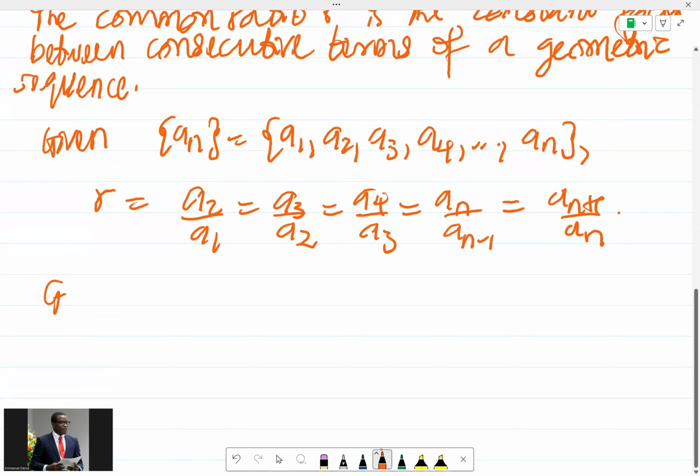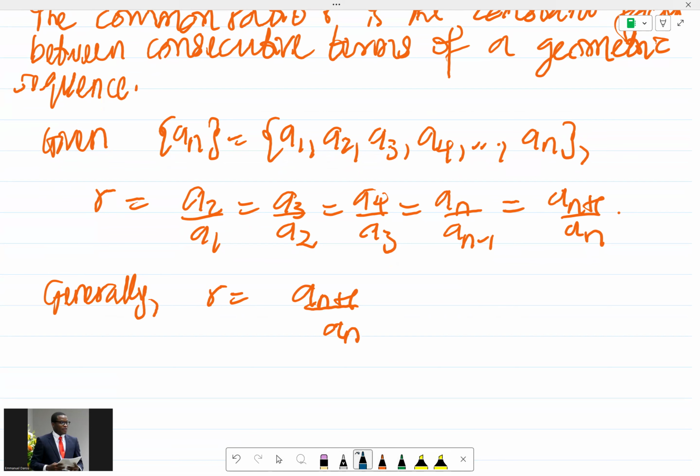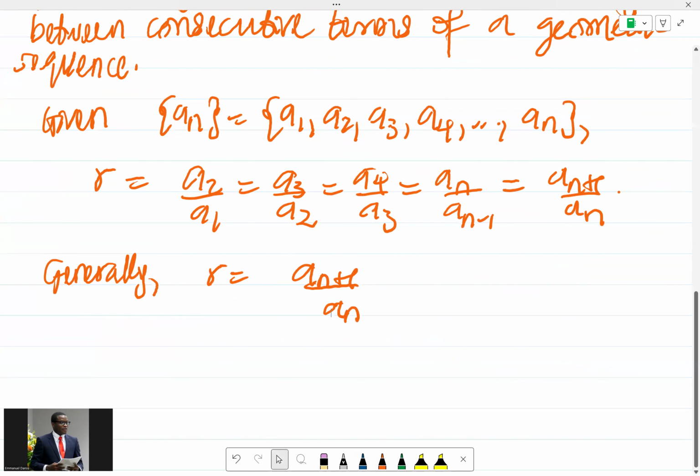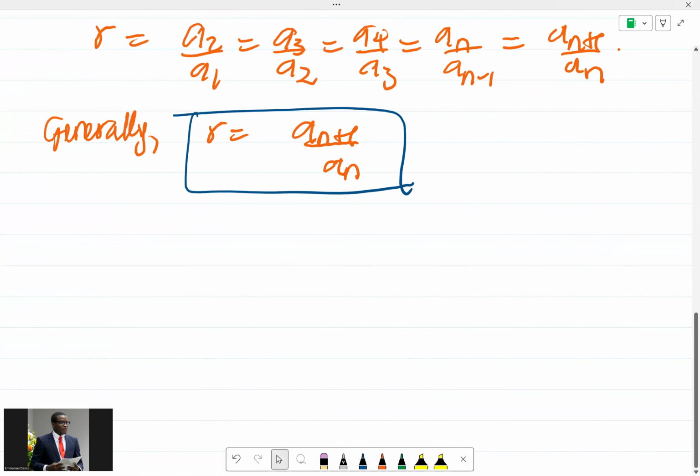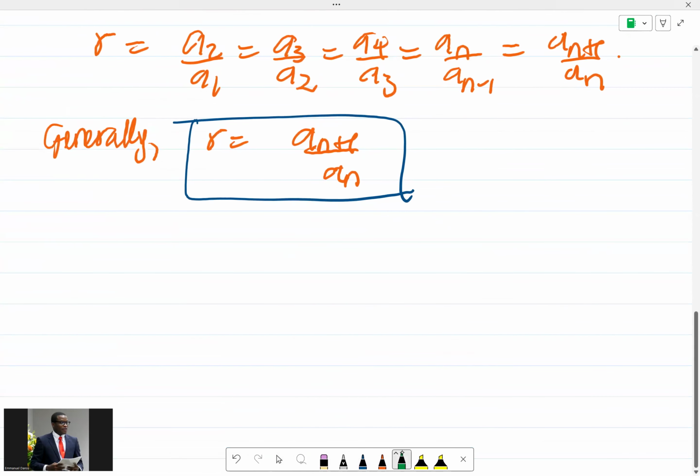So generally, R can be said to be a_(n+1) all over a_n. That's how we find R. So that's the idea of the common ratio. We are going to apply all of this later, but let's move on to the next idea.